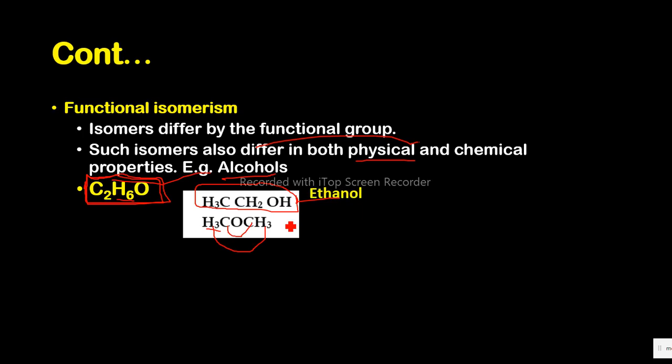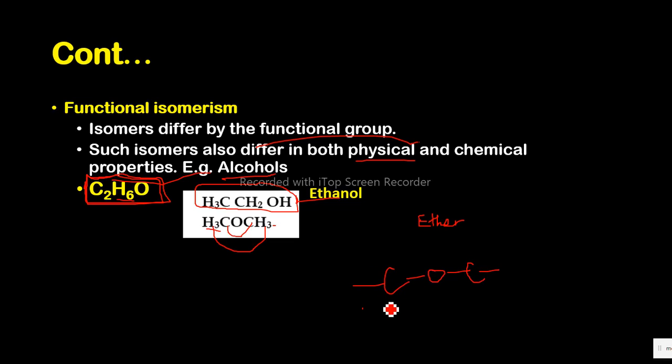And now this one is an ether. The functional group is an ether. We shall study them when we are studying alcohols, not ethanols. So the functional group, this C O C, is for the ether.